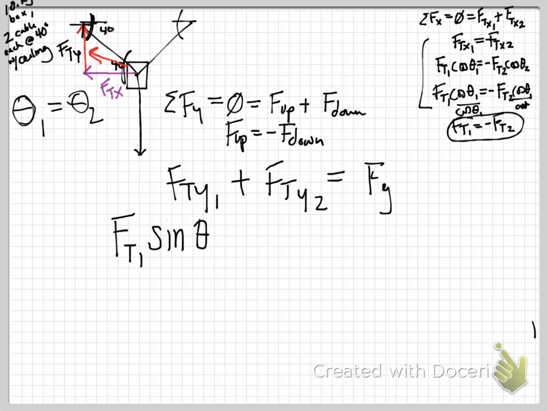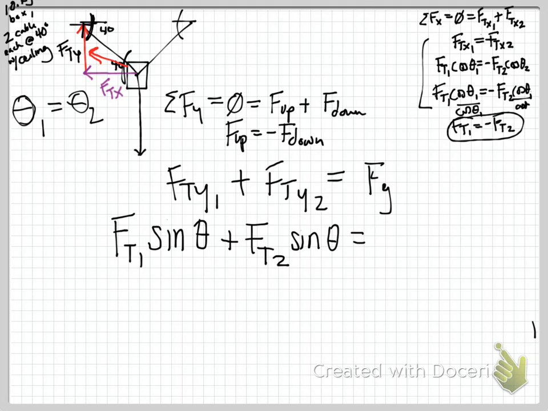And at this point I am going to kind of shortcut and I'm not going to go through the whole sine theta 1, sine theta 2, because we know that theta 1 and theta 2 are equal. We were told that in the problem. That will not always be the case. But in this problem, they're equal. So force of tension 1 times sine of theta plus force of tension 2 times sine of theta is equal to F of g.